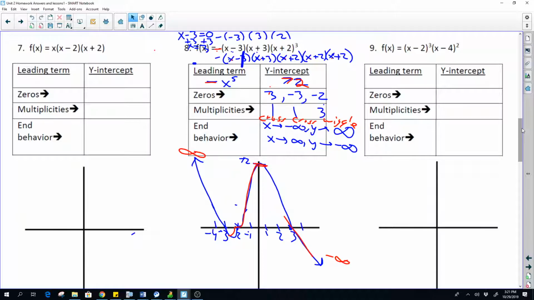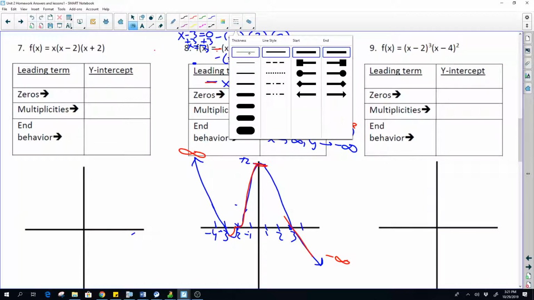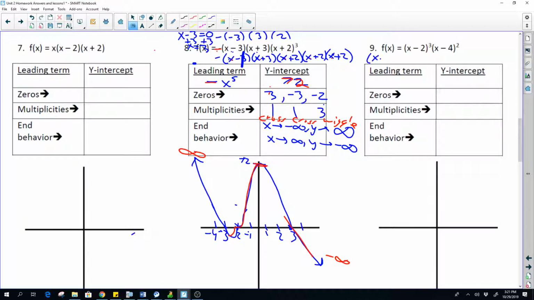The way to get the leading term is to think about how many x minus 2's I have there. It says I have x minus 2 three times, right? That's what the third power means. It also says I have x minus 4 twice.